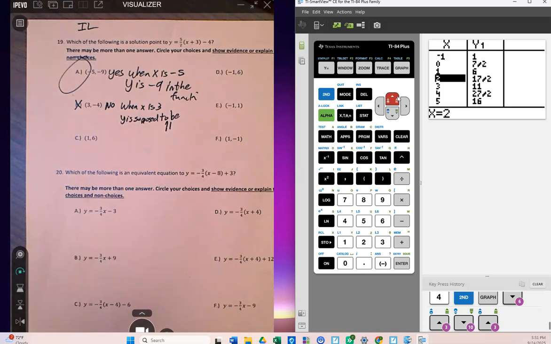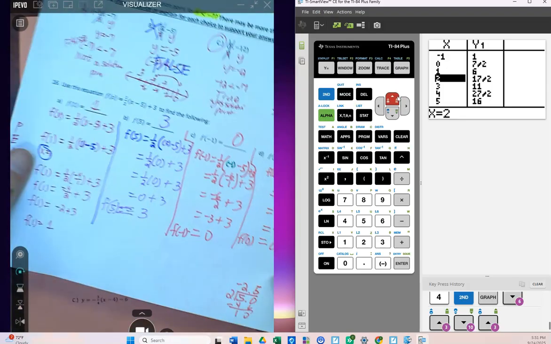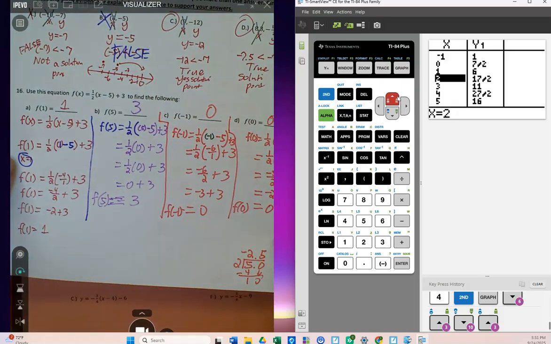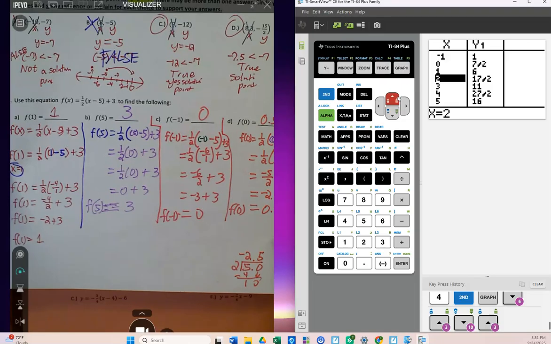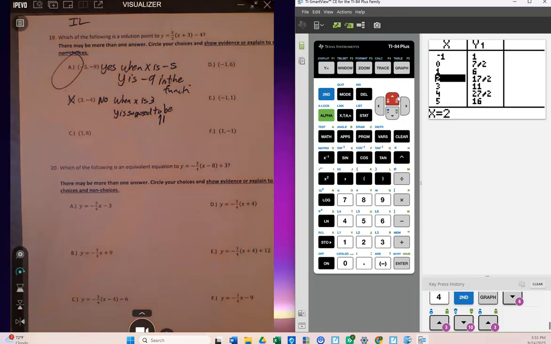Explained. Okay. What part of the test could you have also thought about? Boom, right there. 16. It's the exact same thing. You could have plugged the x in, see if it gave you that y. I don't know if some of y'all made that connection.